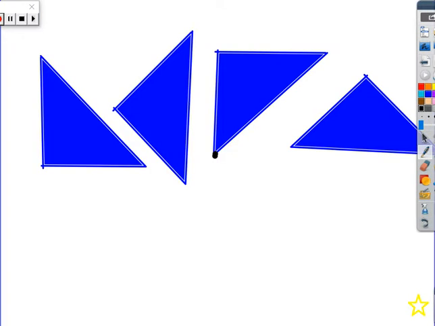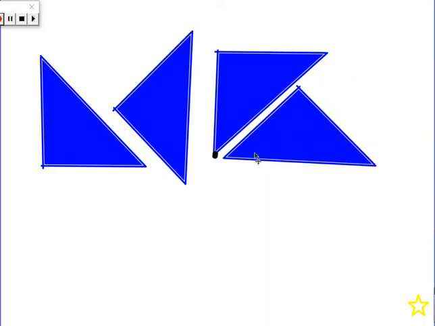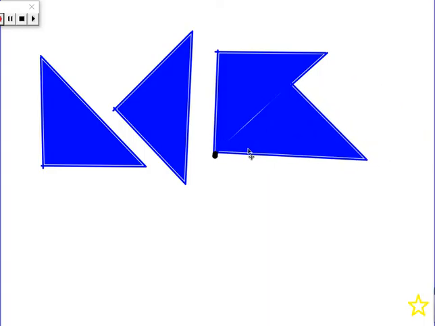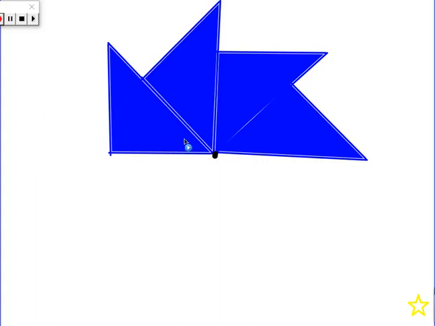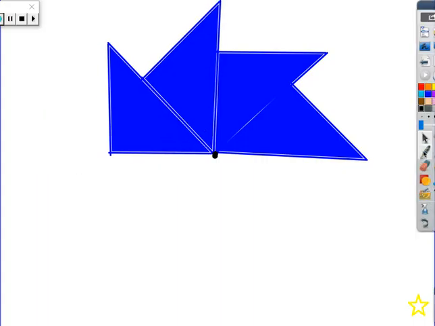Alright, if I take all my triangles that I have right here and I line them up as best as I can, notice that I have a straight line here.